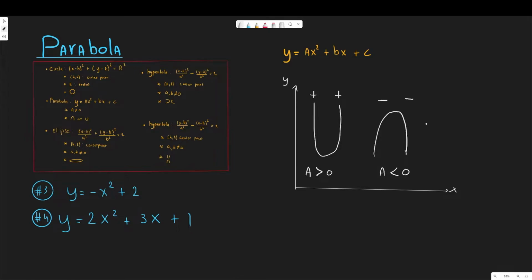Now, there's one other thing you need to know in order to sketch parabolas, and that is the coordinates of the lowest and highest point of the parabola. The formula is the same for both points, and it is negative b over 2a for the x coordinate, and for the y coordinate we just fill in the x coordinate into the function.